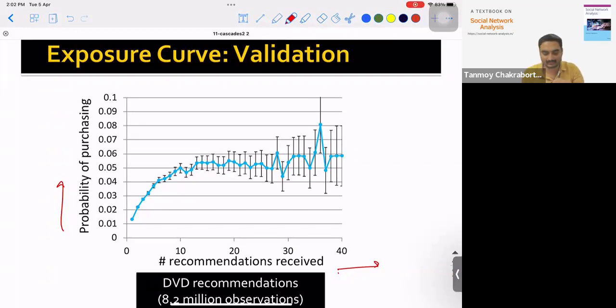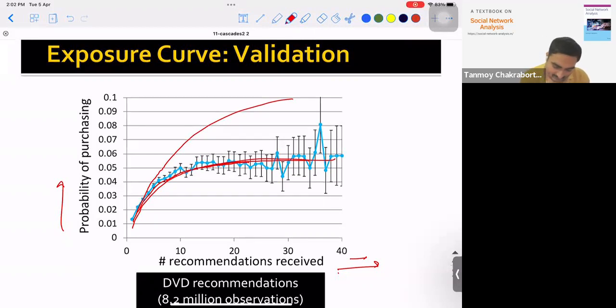So you see that here the curve looks very similar to the probabilistic model, where with the increase of this, this is increasing, right? But you see that this increase is not very consistent like this. Okay, after a certain time it remains almost constant. This is kind of a diminishing return type of setting, right?